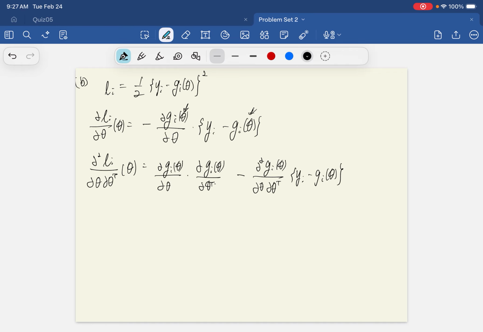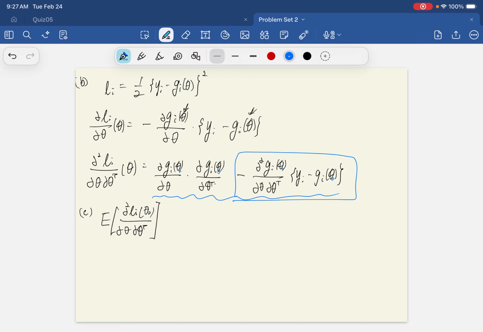Okay, I will show that at theta 0. So first, let's calculate what this is. This is the expectation of these terms at theta zero, okay? And first, I will say this part will be 0 after taking expectations. The reason is pretty simple.